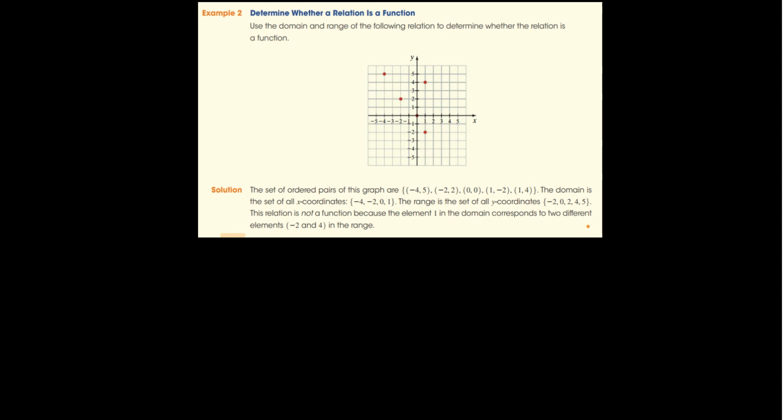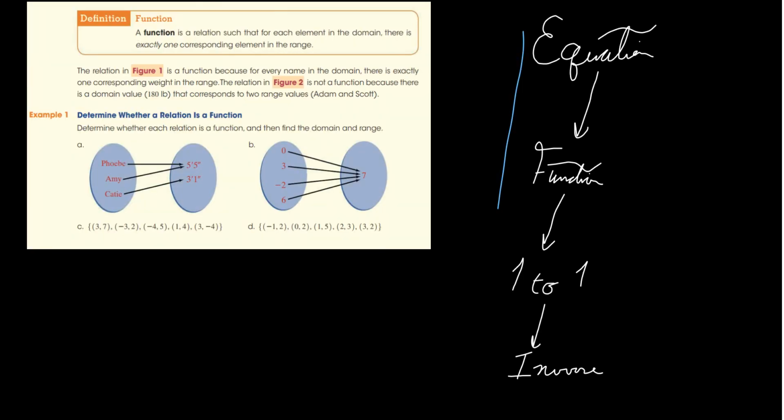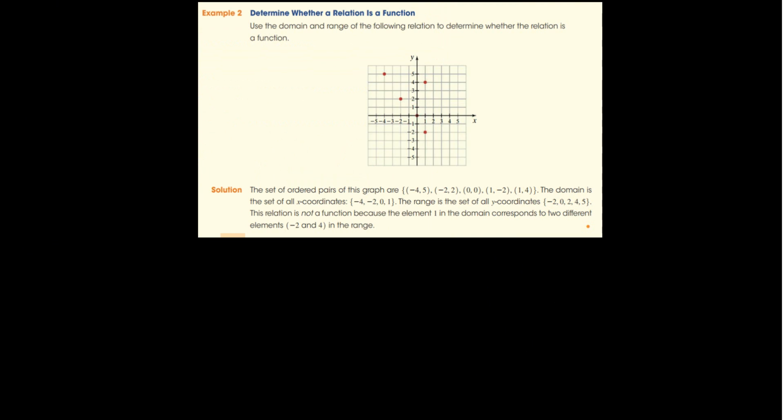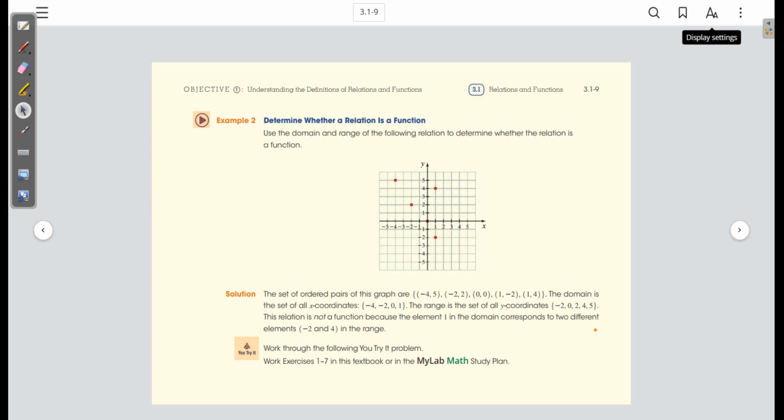It could be an equation, that's fine, but it does not express a function, and that's what this is all about. Since we repeat x's and those x's go to different values, we cannot say that they are a function. So that's what that looks like graphically.